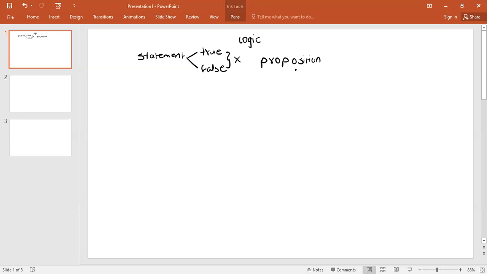For example, the earth rotates around the sun. This sentence is declarative as it is giving us some information. It is a true statement, hence it is a logical statement or a proposition. Second example, it is not raining today. This sentence is also giving some information.